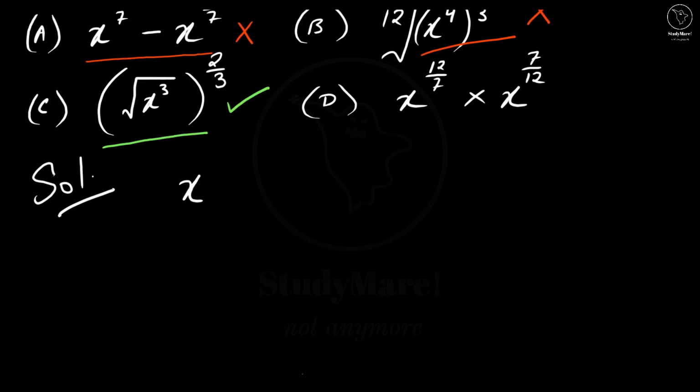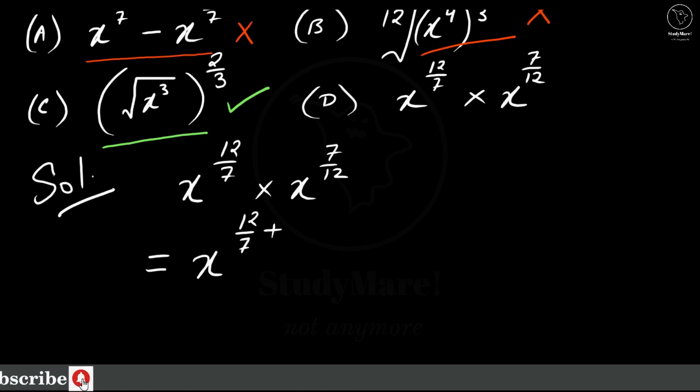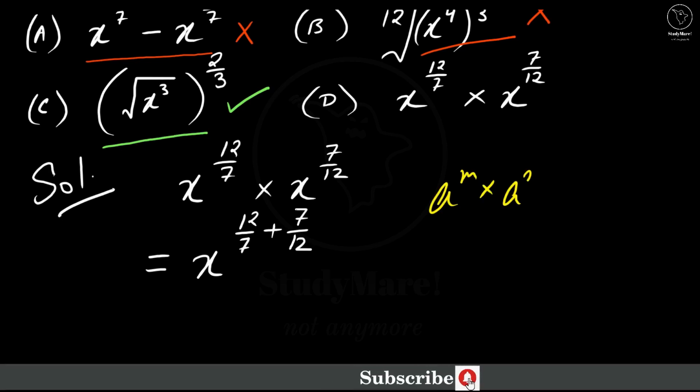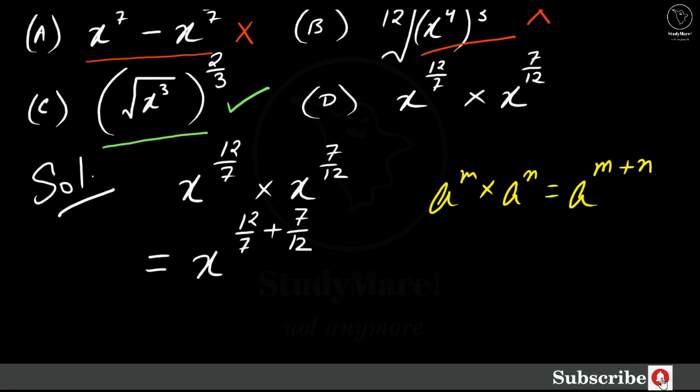We have x to the power 12 by 7 into x to the power 7 by 12. This can be written as x to the power 12 by 7 plus 7 by 12. Why? Because a to the power m into a to the power n is equal to a to the power m plus n.